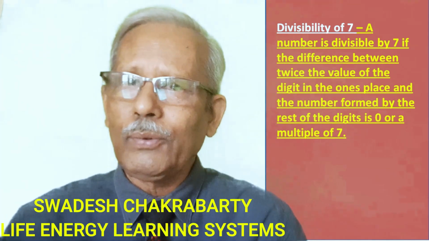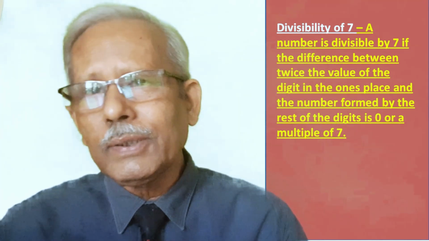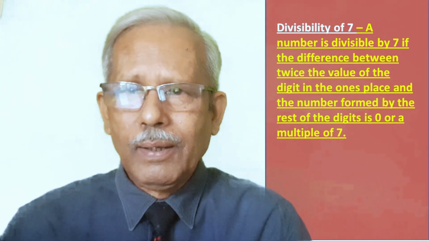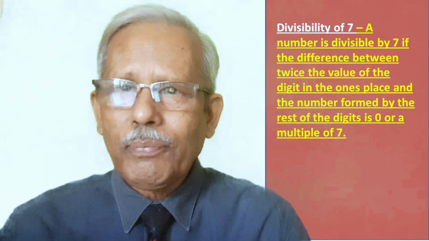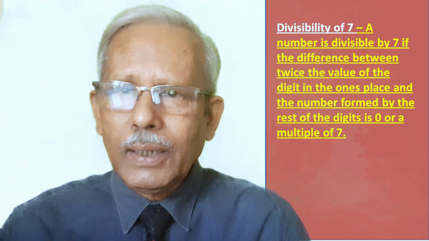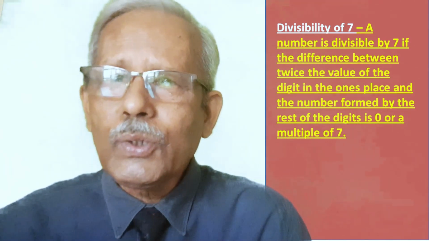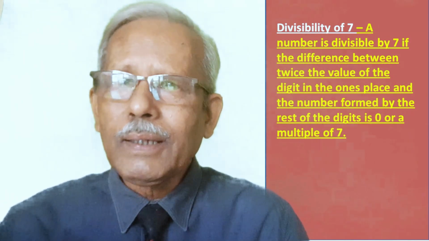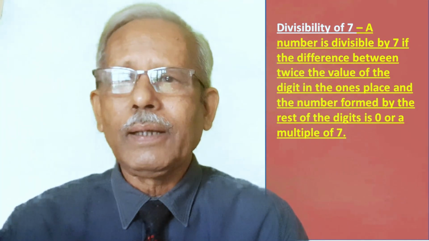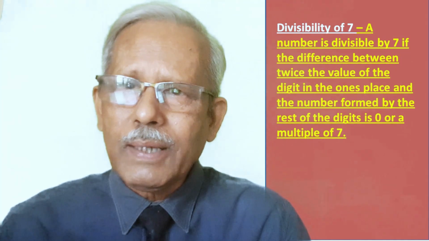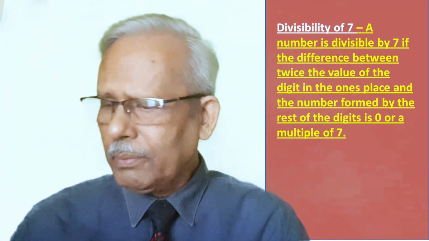Try to understand what we will do. We will take the digit in the ones place and double it, and this double will be subtracted from the remaining number. If the result is either 0 or divisible by 7, then the whole number is also divisible by 7.